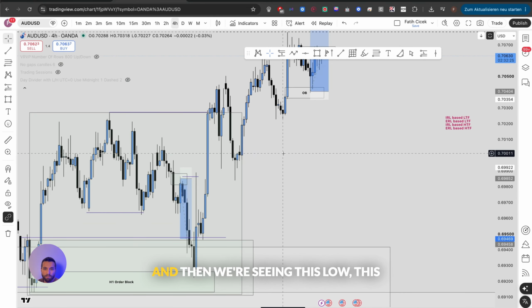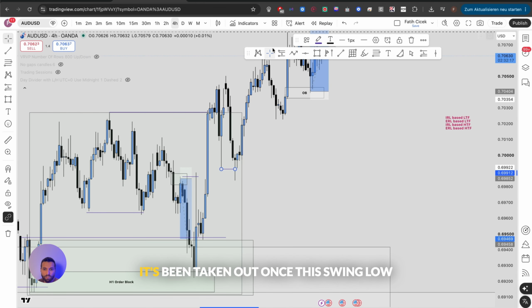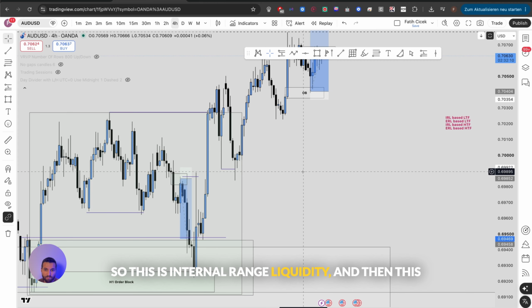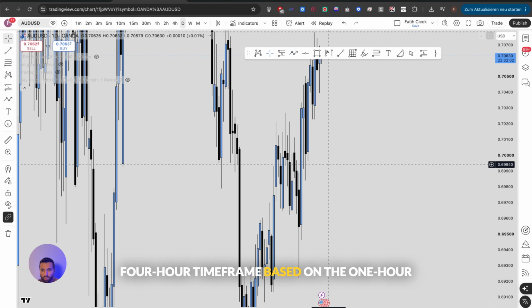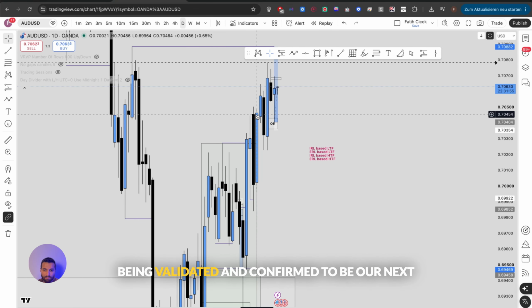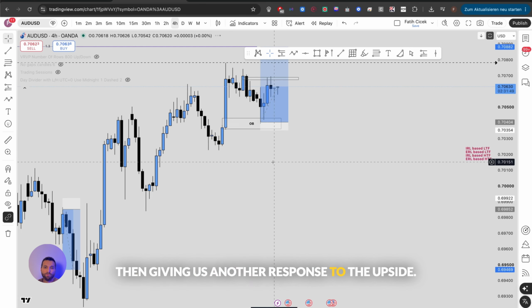And then we see this swing low being engineered, and then it's taken out. So this is internal range liquidity, and this is now our new order block based on the 4 hour time frame. Based on the 1 hour time frame, we see that this candle is validated and confirmed to be our next order block, price coming back into it and giving us another response to the upside.